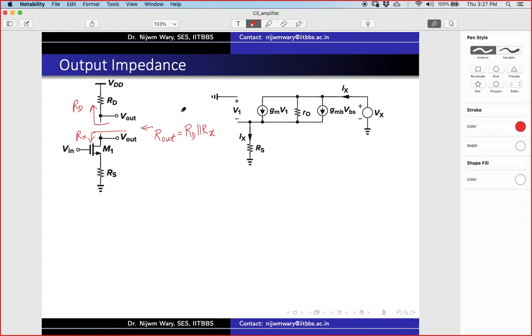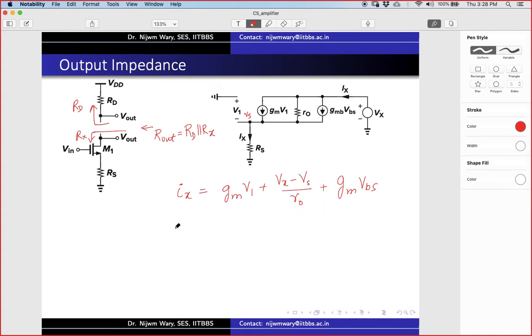Okay, so if I want to find this impedance Rx, I can do a simple calculation. Again, my Ix will be nothing but the same kind of analysis, repeated: Gm V1 plus Vx minus Vs, if I call this Vs, by Rho, plus again Gmb Vbs.